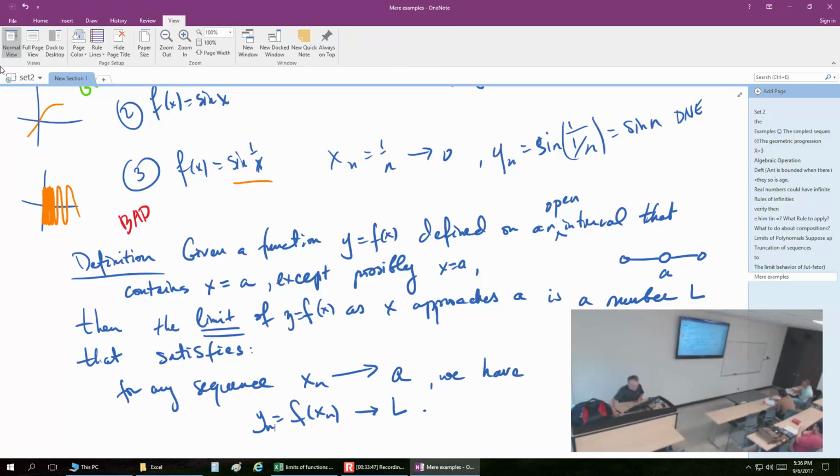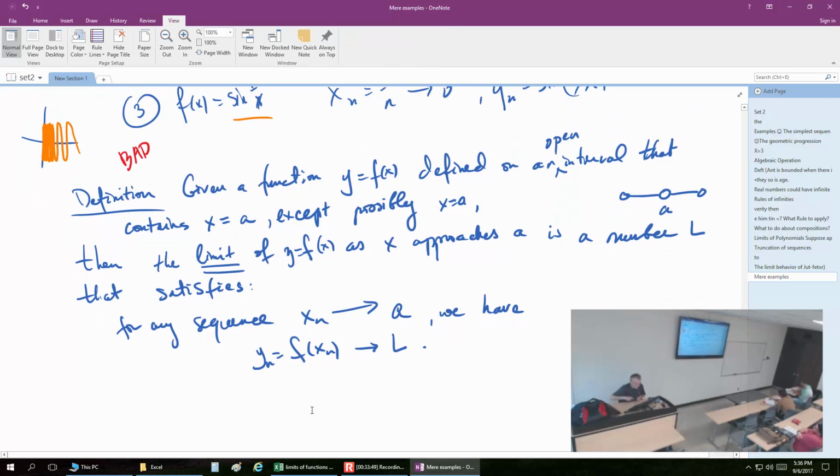Sometimes there is no doubt as to what the answer should be, how to compute it. And the example of 1 over n was especially simple when you know that there is no L, no matter what sequence you pick. If f of x is equal to 1 over x and x is equal to a, then naturally yn is equal to 1 over xn.